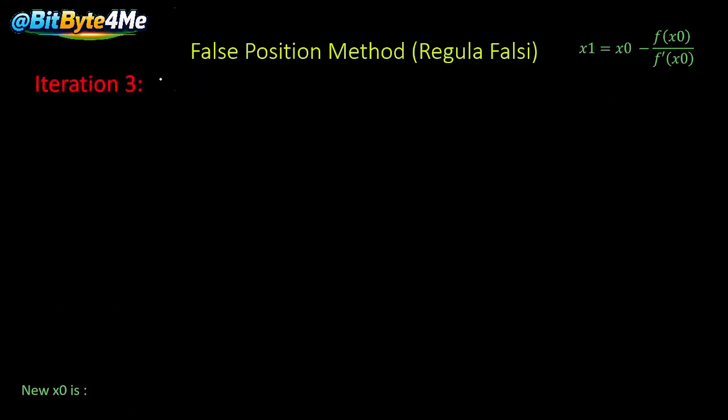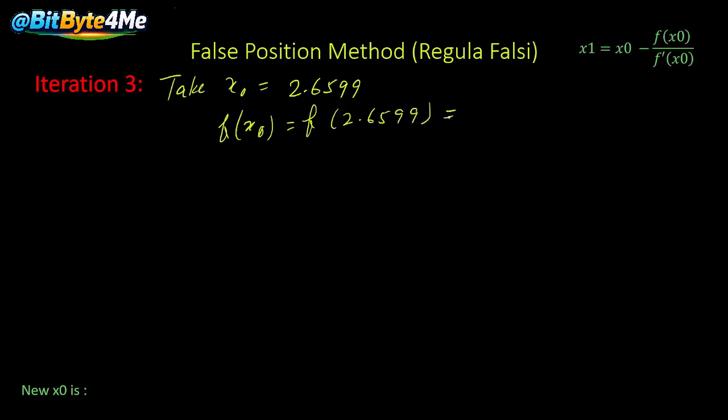In iteration three, take x0 is equal to 2.6599, and for calculating x1 you have to calculate f of x0, that is f of 2.6599, which will be 6.818, and f dash of x0, that is f dash of 2.6599, which will be equal to 21.225.